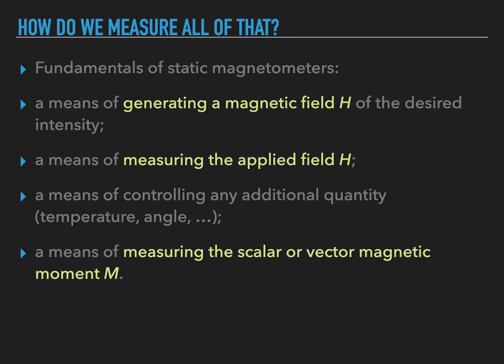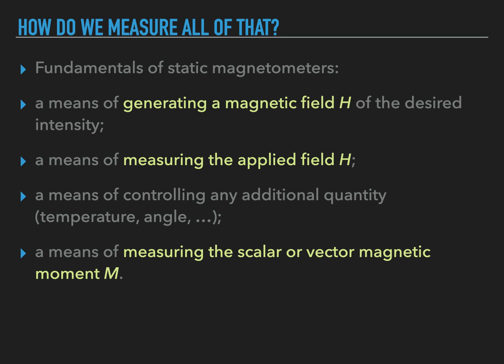A magnetometer consists of three mandatory components, plus additional ones that are optional. The first mandatory component is a means of generating a magnetic field of the intensity that you want, and that allows also the possibility to change the magnetic field value. The second component is a means of measuring the magnetic field that you are generating and at which the sample is submitted.